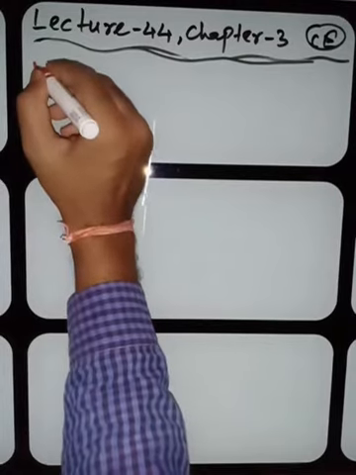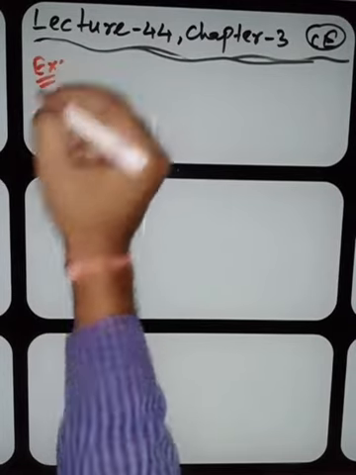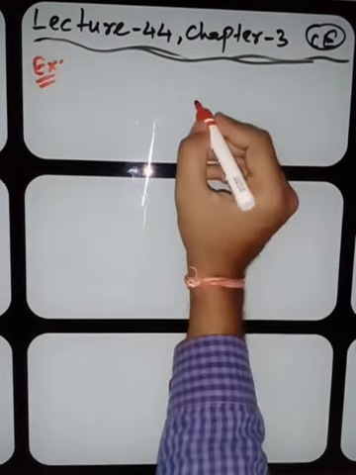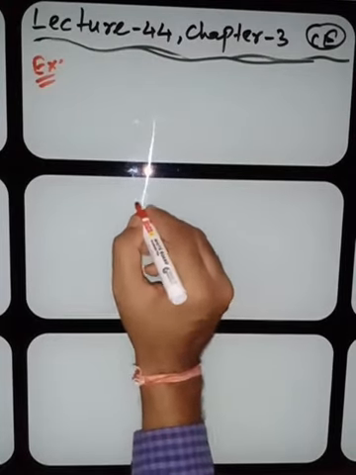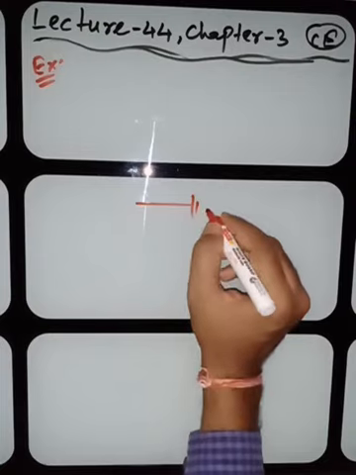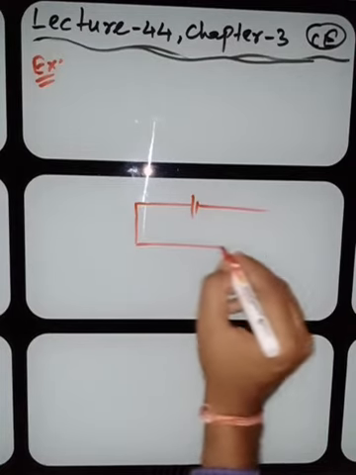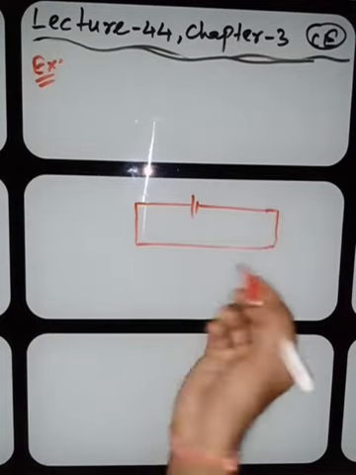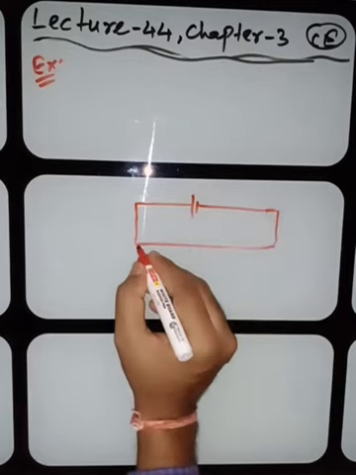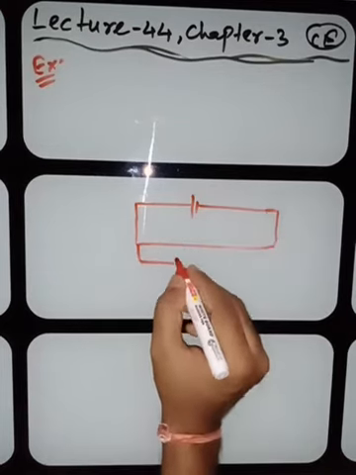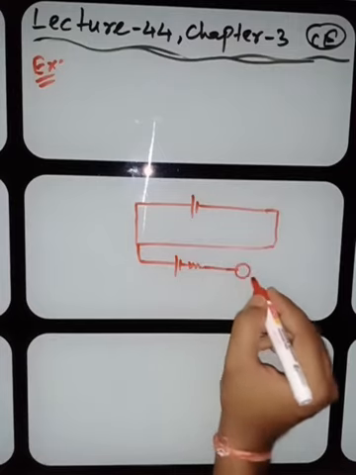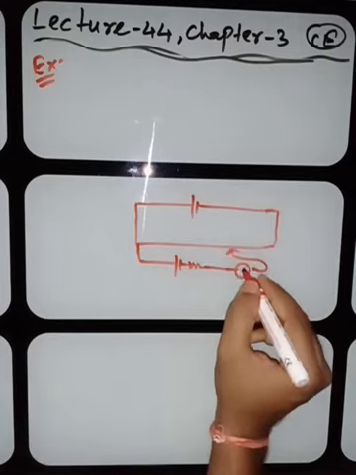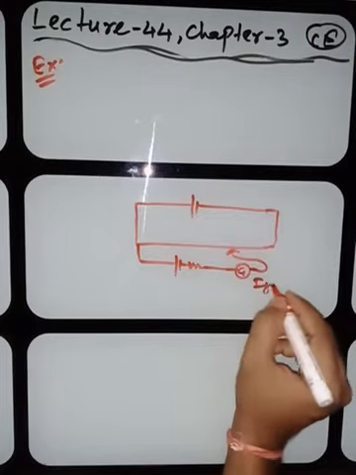The first example. You have a potentiometer. Here I'm drawing the diagram, a simple circuit. A cell, internal resistance, a galvanometer, and this is the jockey.